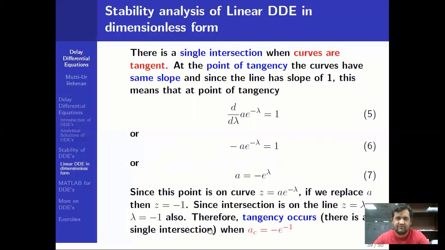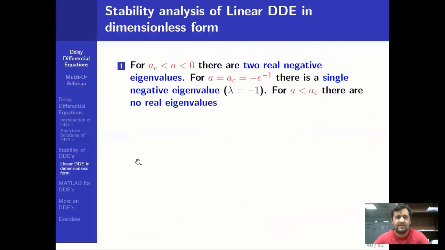Therefore, I can say that tangency occurs at this point, so this is your negative eigenvalue, -1. Now, if I choose A in this particular manner, then you will get two negative eigenvalues, which are real in nature.